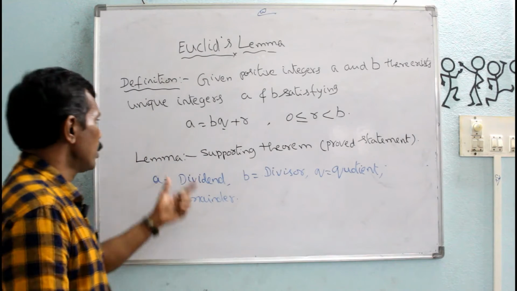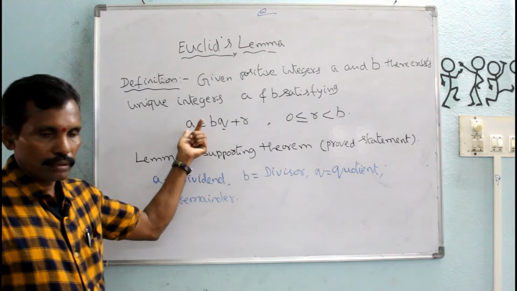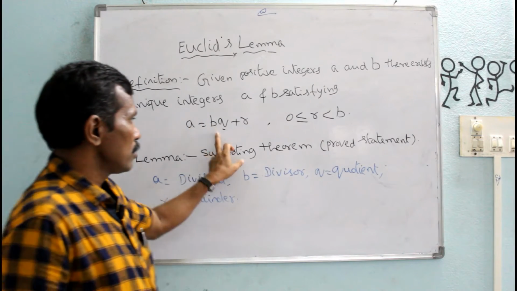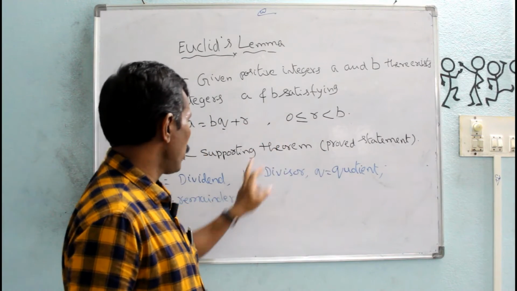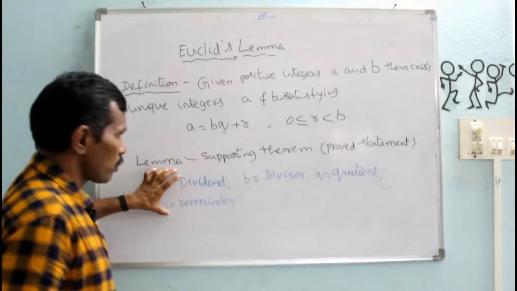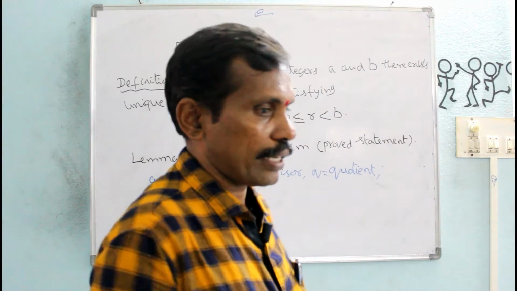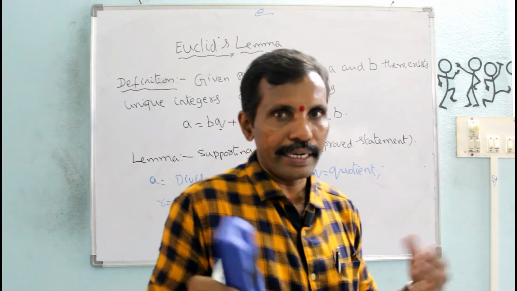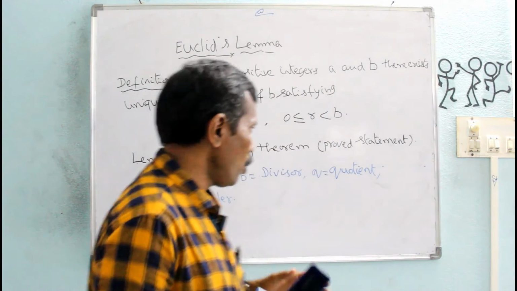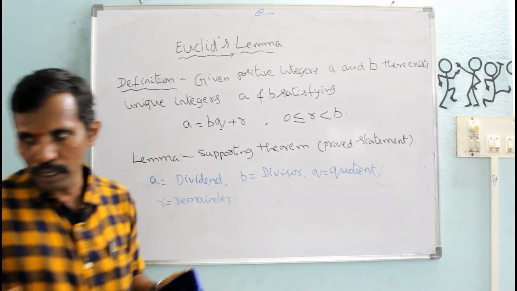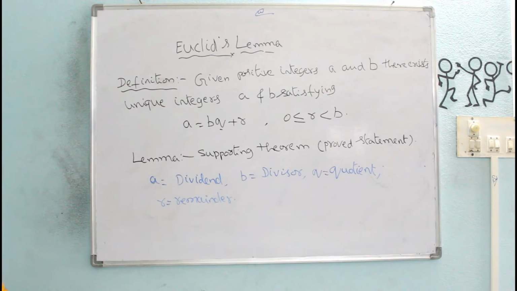So a is the dividend, b is the divisor, q is the quotient and r is the remainder. According to this formula, we can easily find the HCF of two integers or three integers. How can this be done? I will give an example for this.